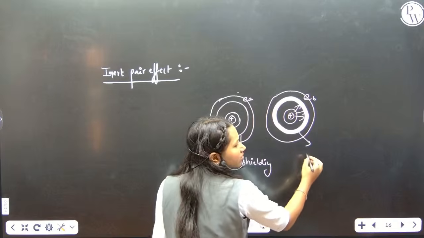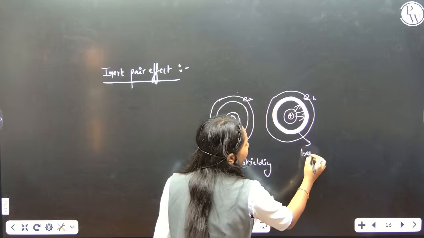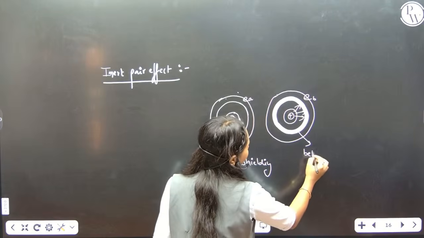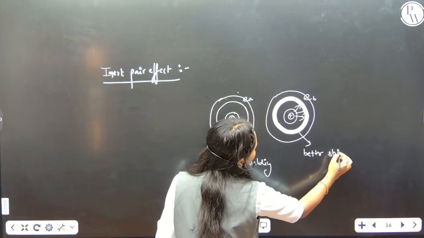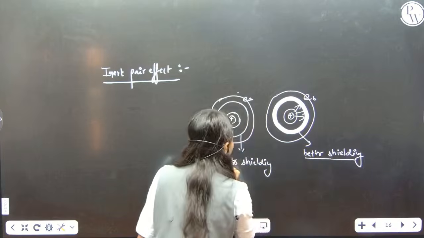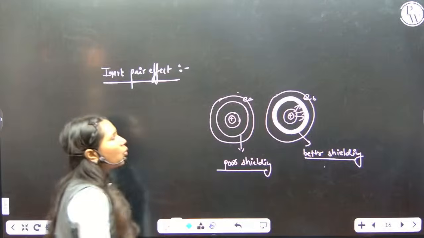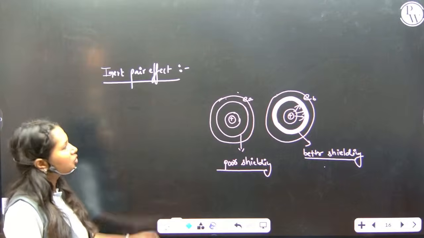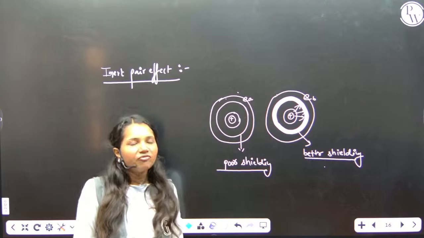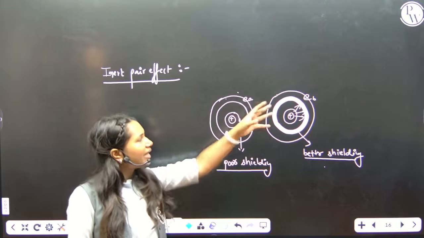The shielding of this one is very good, the best, or we can say better shielding. Fine, this is poor shielding, this is better shielding. Which electron will feel more charge, electron A or electron B?